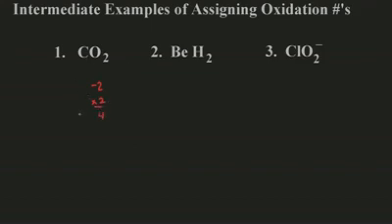So then we put carbon as a +4 to balance out that negative sign that I did not write. So that means the oxidation number for oxygen is going to be -2, and the oxidation number for carbon is going to be a +4.